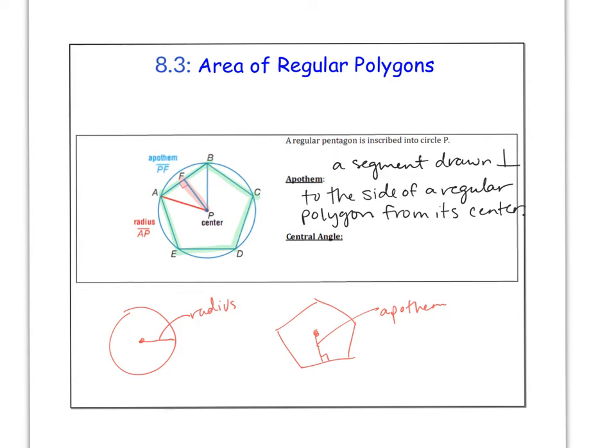An example of an apothem in this picture would be segment PF or FP, either way.